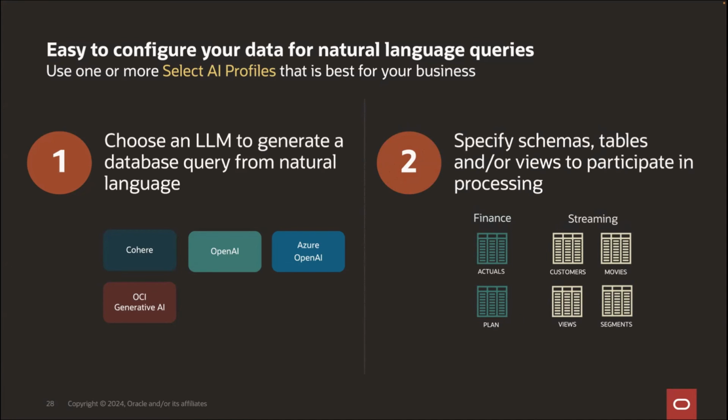And this is a very important step, because if you just decide to add all your tables and pass that to the profile, you're basically making it more difficult for the model to come up with the right SQL statement, right? So my advice is that when you pass the tables, etc., that you want to make available to the LLM service, you pass the ones that you really need to generate the SQL. If there's a table that will not ever participate in a SQL that you're interested in, don't pass it, right?